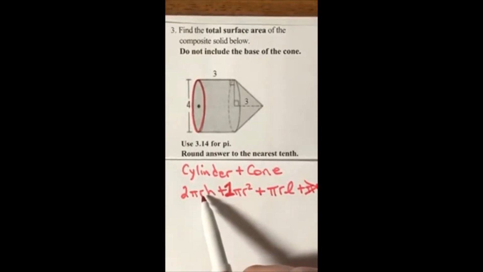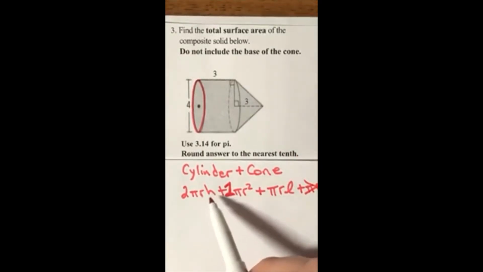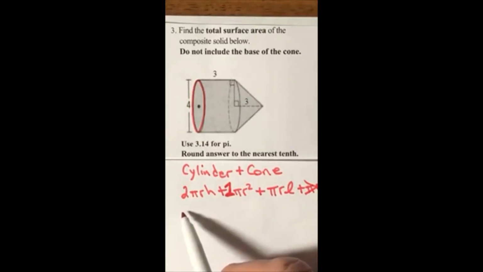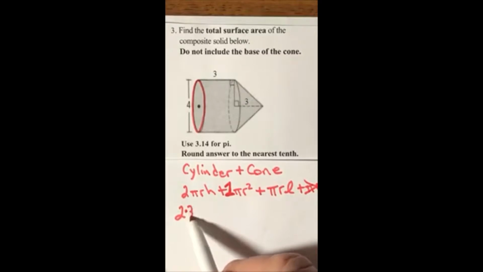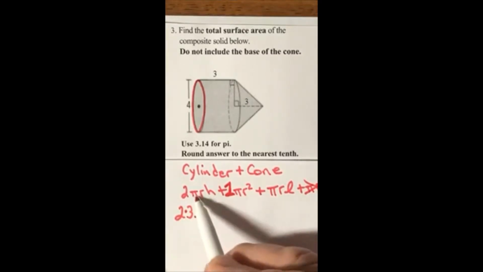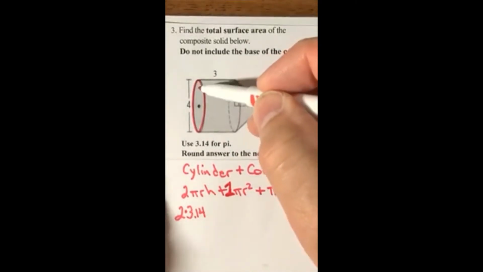It says let's use 3.14 for pi. Let's start replacing all the letters, and we'll stop and come up here to work out the missing letters. I'm going to write down 2 times 3.14 for pi, r. R is half the diameter.